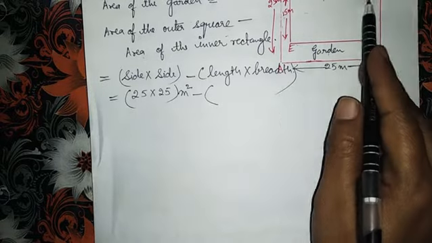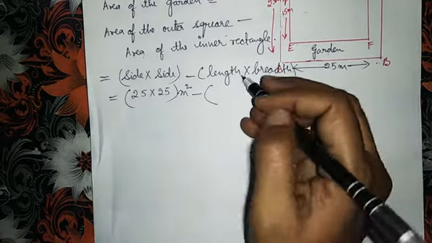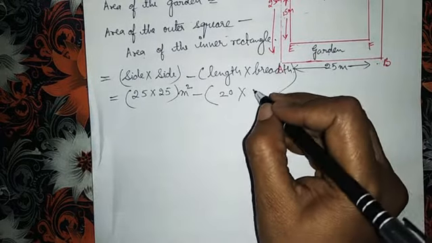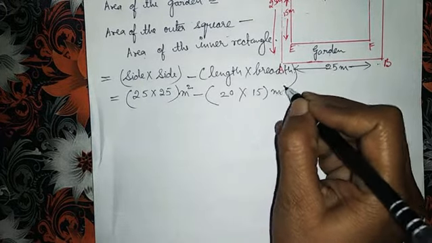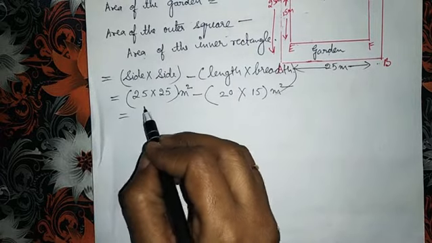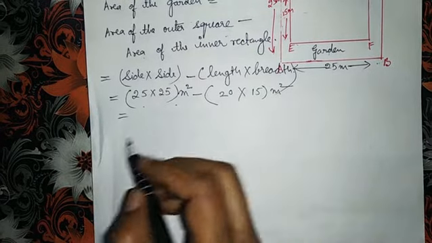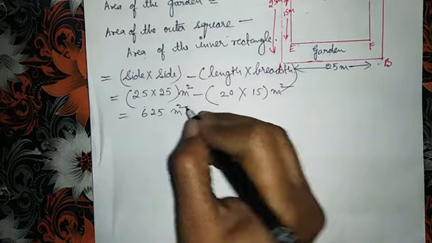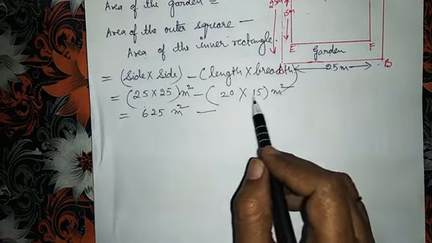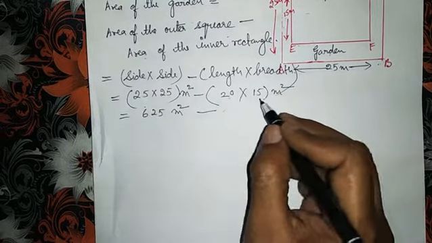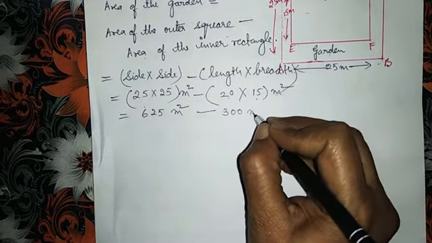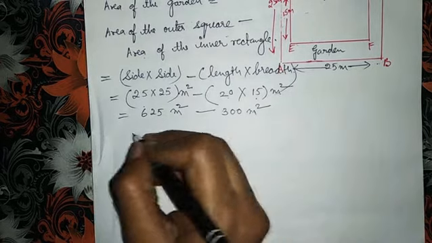So in place of length we will write 20 and for breadth we will write 15. Now 25 and 25 we multiply, we get 625 meter square. Now here 20 into 15 we will do, we will get 300 meter square.